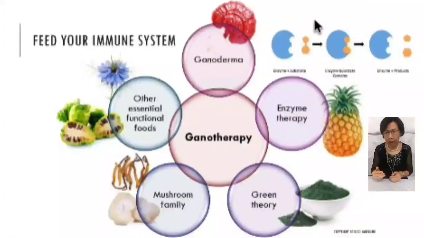And of course, we also have lion's mane. And lion's mane actually is very focused on our gastrointestinal region. In history, lion's mane has been used by TCM for most gastrointestinal problems. Now you know, the gastrointestinal region is our second brain, and it is a very important immune organ.